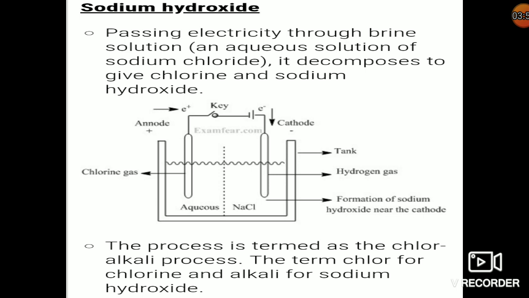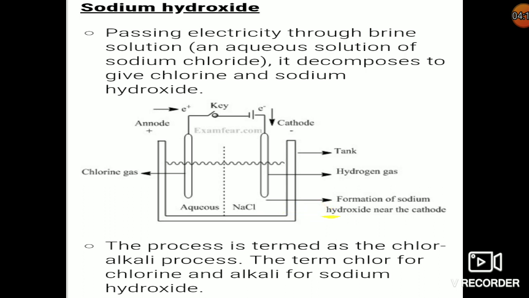At that time, the sodium chloride dissociates and produces sodium ions, chlorine gas and hydrogen gas. Now the chlorine gas will get deposited at the anode and hydrogen gas at the cathode, and sodium hydroxide forms near the cathode.